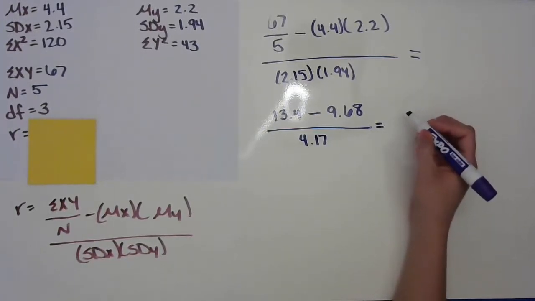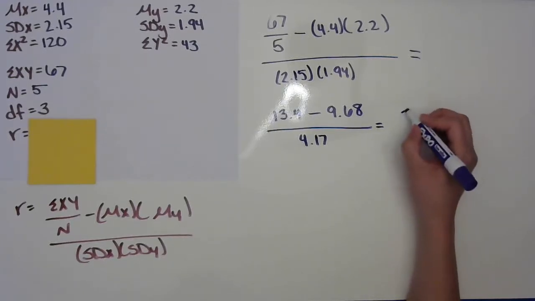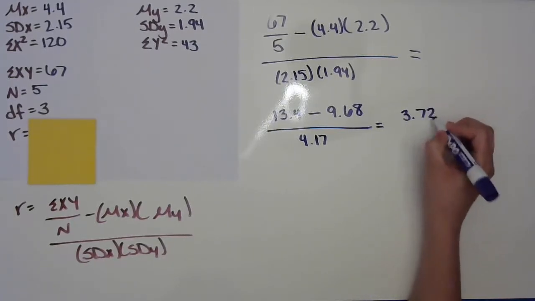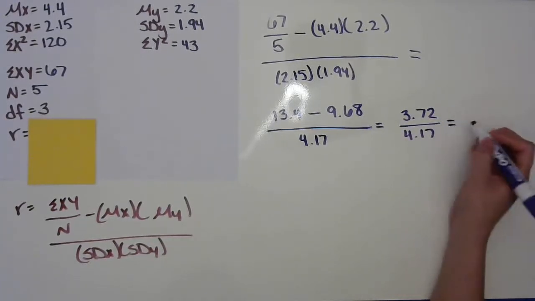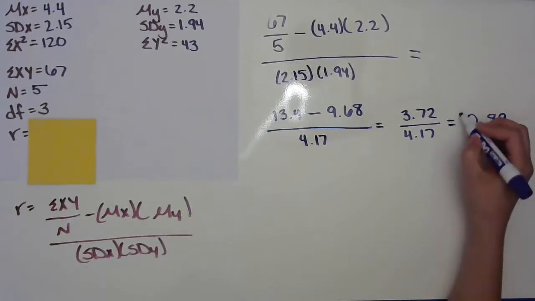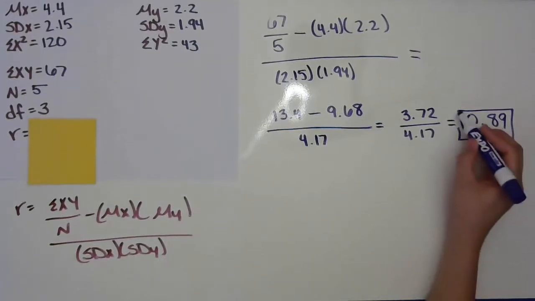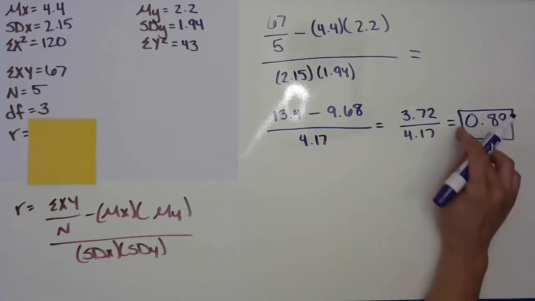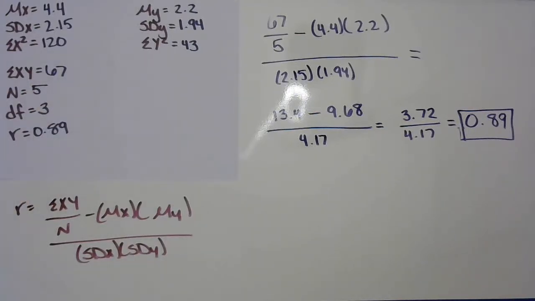Okay, so we just keep solving that. So 13.4 minus 9.68 is going to give us 3.72 over 4.17. We're going to divide that out, and that is going to give us 0.89. So our R value is going to be 0.89. Sorry, that looked like a 10. There we go, 0.89. And there it is. There's all of our information on our sheet.